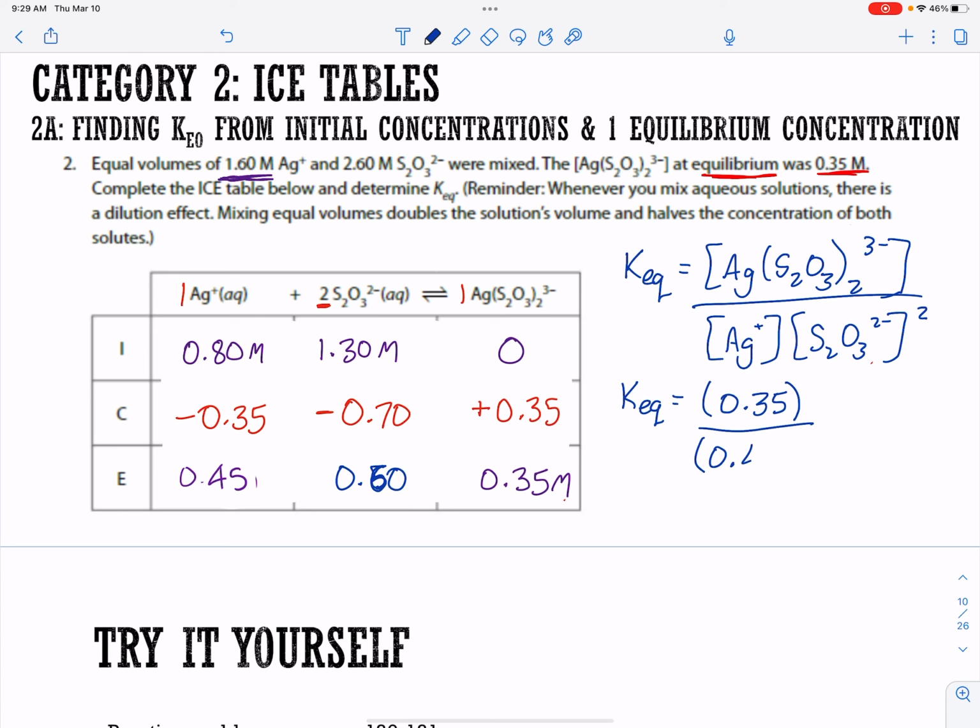Otherwise, we're calculating a trial Keq, which can give us information about which way something will shift, but only if we're comparing it to the actual Keq. So I get that Keq value is 2.16.